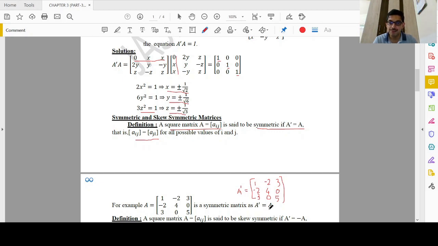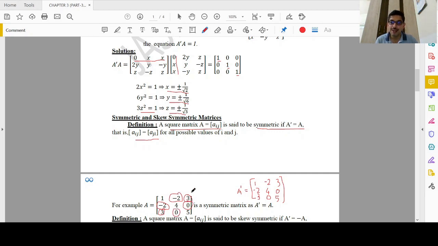So if you observe, a matrix will be symmetric if a12, that is this element a12, should be same as a21, so that when we interchange the rows and columns, these two will remain the same. Similarly, a13 should be same as a31. Then a23 should be same as a32.